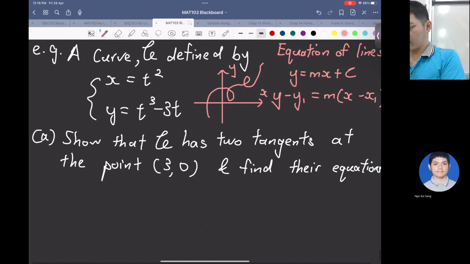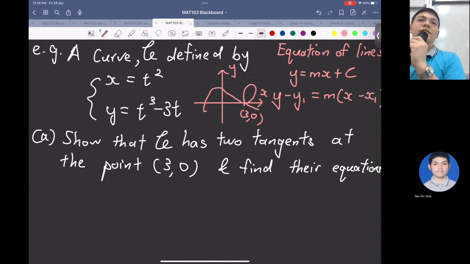Let's say (3, 0) is somewhere here. That means my curve should really touch (3, 0), not just once, but twice. Makes sense? So maybe I go here and then I turn around, like this.